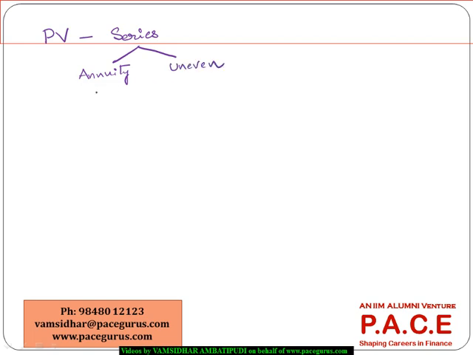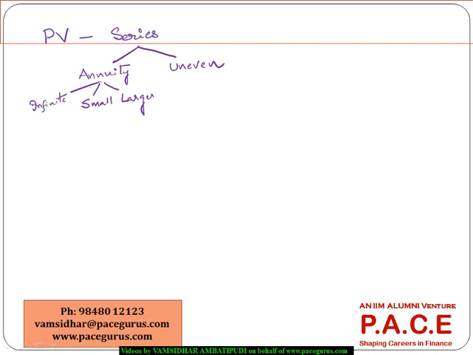Now I don't think I need to define annuity again. Series of equal amounts with equal spaces of time, those are what we are calling as annuities. And these annuities sometimes could be over a small period of time or over very large periods of time, or in some cases even over infinite periods of time.